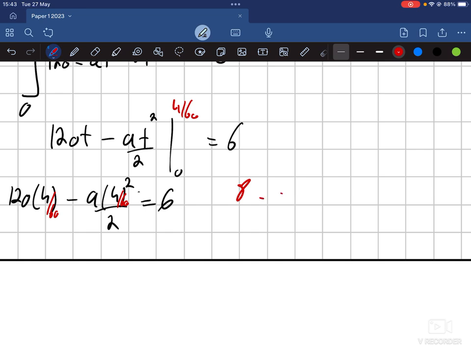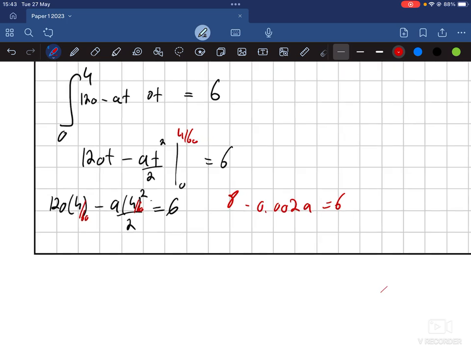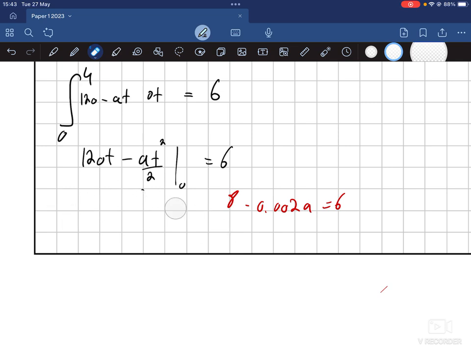That gives me about 0.002a is equal to 6. So then 2 divided by 0.00... No, okay. I'm still wrong, unfortunately. I think I'm missing a piece of information. I'm doing something wrong.